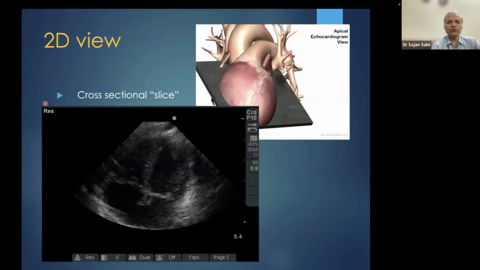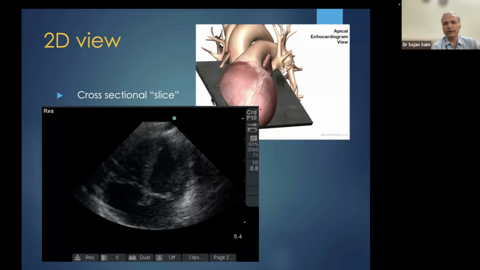In 2D, it is two-dimensional. It has an x-axis and a y-axis. So once the ultrasound beam goes inside, it cuts the anatomical area in a way that it depicts the area in an XY plane. So this is the XY plane.